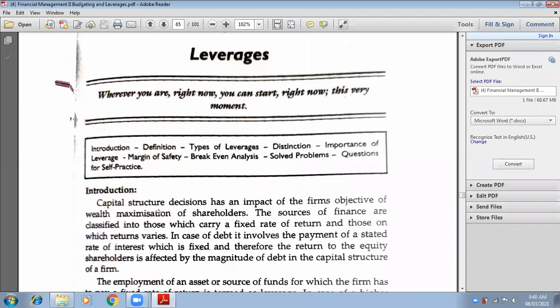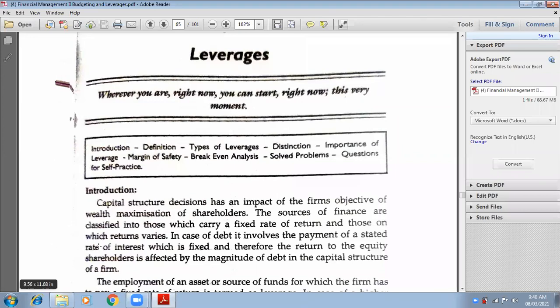The more the amount of profits left over for the shareholders of the company, the more their wealth will increase. And the more wealth is increasing, the more the goodwill of the company increases. Why?